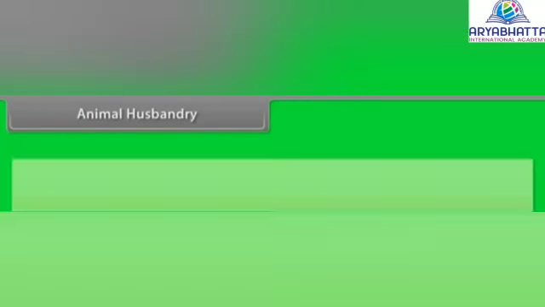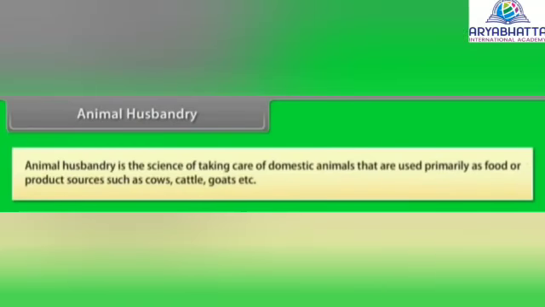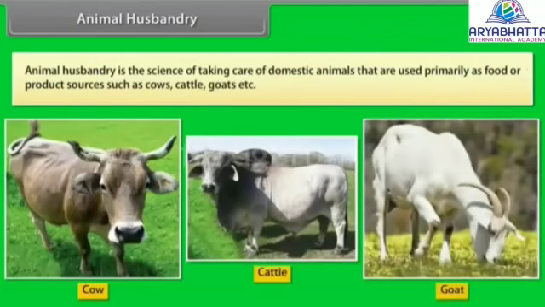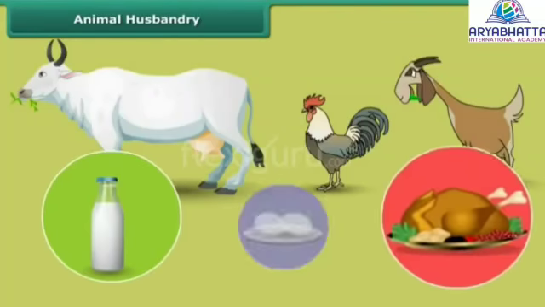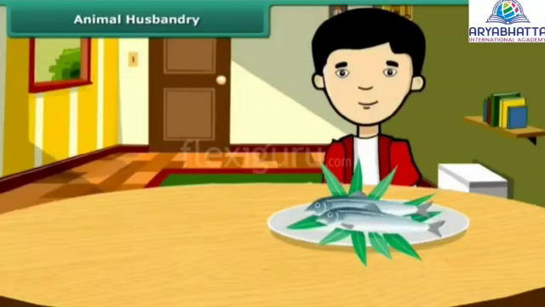Animal husbandry. Animal husbandry is the science of taking care of domestic animals that are used primarily as food or product sources such as cows, cattle, goats, etc. Friends, do you know, like plants, animals also provide us with different kinds of food. Many people living in the coastal areas consume fish as a major part of their diet.